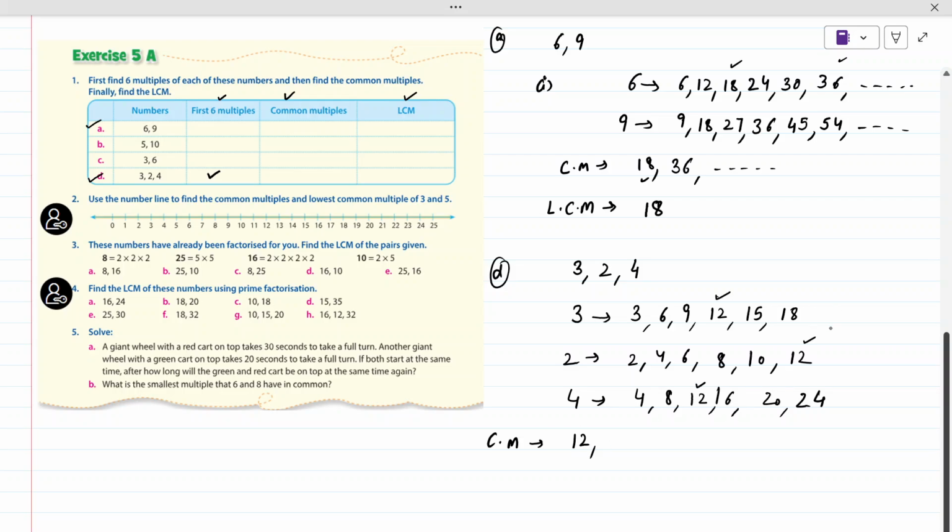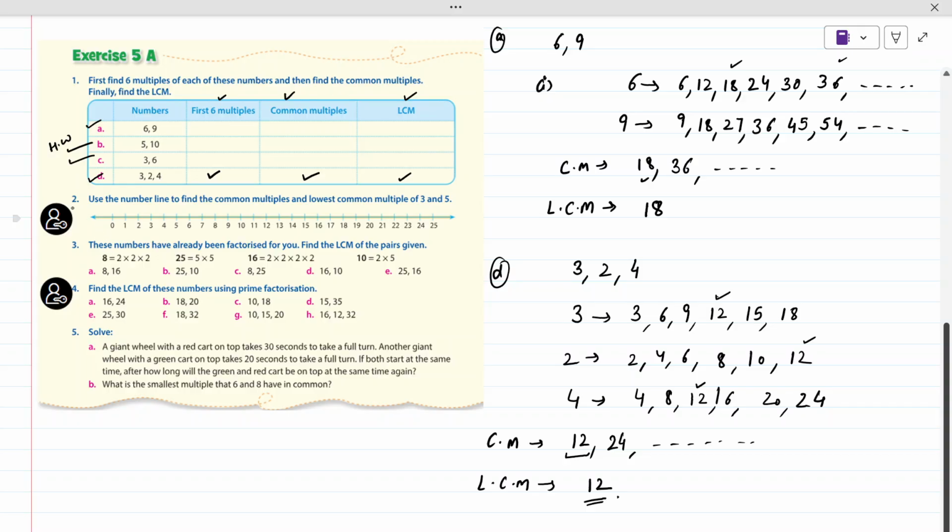When you extend this, the next will be 24 and so on. This is the list of common multiples, and now we have to find the LCM, that is the least common multiple among this list, which is 12. So 12 is the LCM here. I hope you have understood how we have done this question. The remaining two parts, B and C, I am marking as homework.